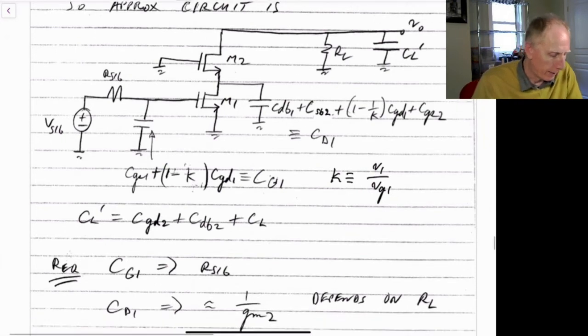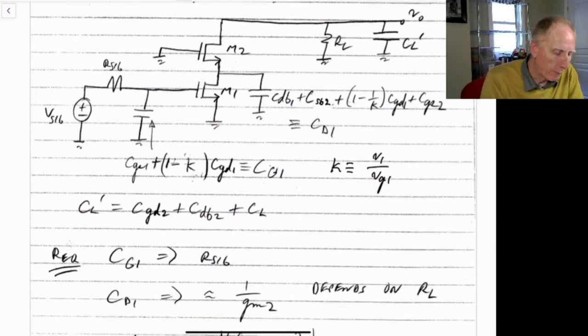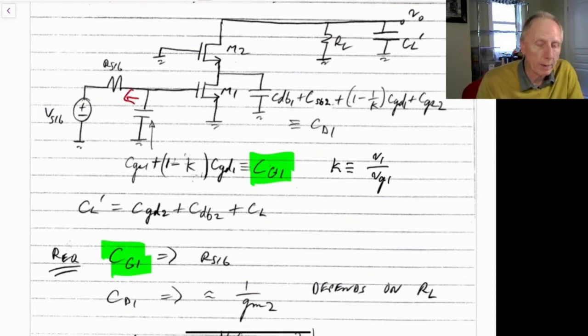Now, if we find the equivalent resistance for these three different capacitances, for CG1, this one here, we see the impedance looking over here, which would be R signal. The impedance looking to the right is infinity, so we'll just see infinity in parallel with R signal, so it's going to be R signal.